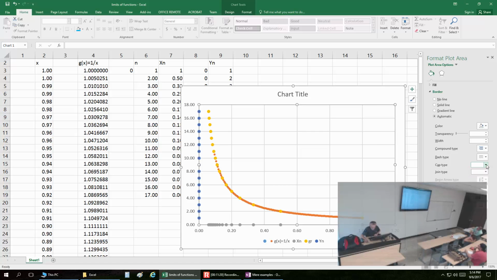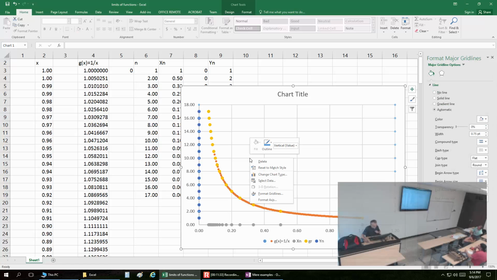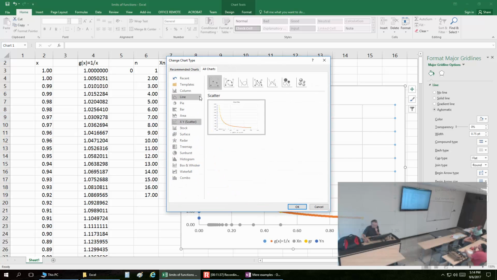That's not it. Let me try to remember where that thing is. Let me change the chart type to these.